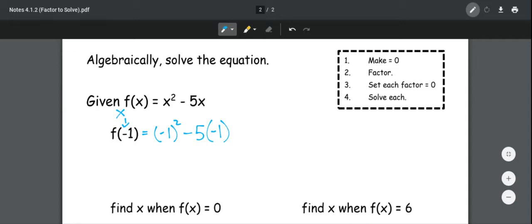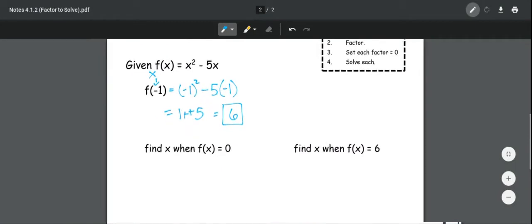If it's once, twice, 5 times, you put it in wherever you see an x. So -1 squared is 1. So then minus 5 times -1. So that's minus a -5, which turns into a plus. So your answer should be 6.